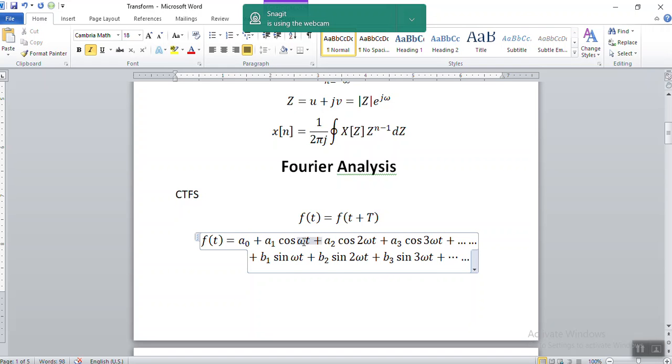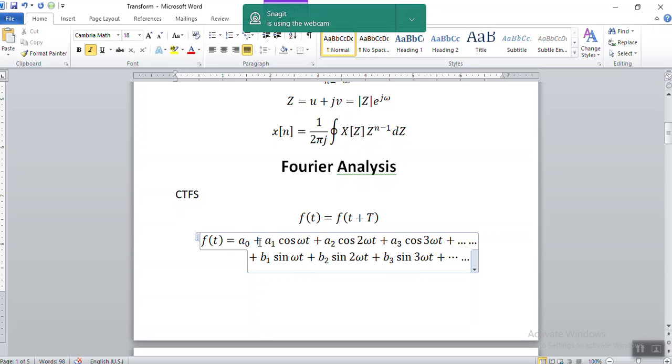Here omega is your fundamental frequency, 2 pi f, where f is equal to 1 by T. So, omega t, 2 omega t, 3 omega t, like that, and for a naught it is cos of 0 omega t. Cos of 0 is 1, and for b naught, sin of 0 is 0. Therefore, there is no b naught term, and a naught is independent of frequency.